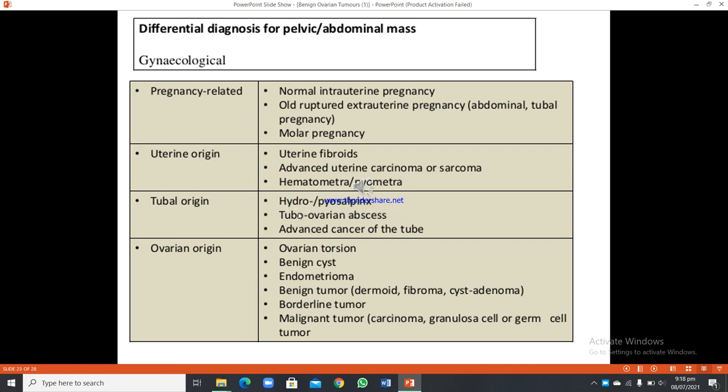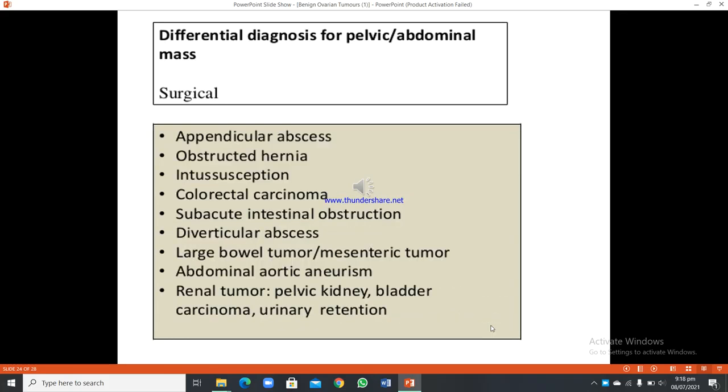Tubal origin: hydrosalpinx or pyosalpinx, tubo-ovarian abscess, advanced cancer of the tube. Ovarian origin: ovarian torsion, benign cyst, endometrioma, benign tumor, dermoid, fibroma, cystadenoma, borderline tumor, malignant tumor, that is carcinoma, granulosa cell or germ cell tumor.